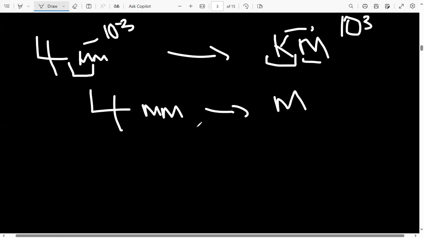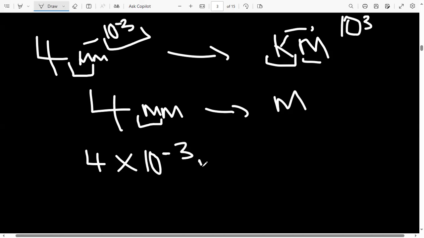And what did we say is the rule when you are converting from a submultiple to an SI unit? We said we just have to multiply by the prefix. So we're going to say 4 multiplied by 10 to the power 3 meters. So I've converted from my millimeters to my meters.